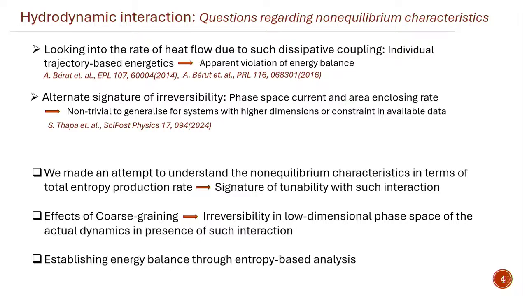Also, what will happen if we look into the system from a low dimensional phase space? Let's say we have many degrees of freedom, x1, x2 and a different degree of freedom, and we look into its effect in a low dimensional space, only x1 and x2. What will happen to the entropy production rate? And also we want to reinvestigate this energy balance question with our entropy production based analysis.